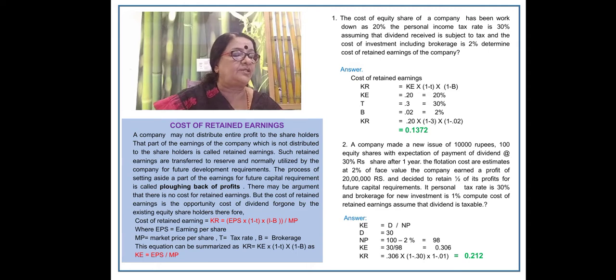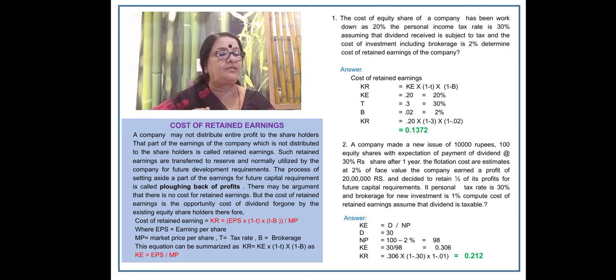Determine the cost of retained earnings of the company. So the tax rate is 30%. We can first write the formula: cost of retained earnings, KR = KE × (1 − T) × (1 − B).